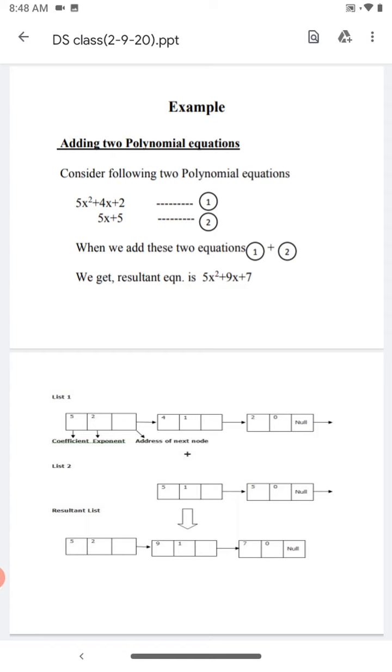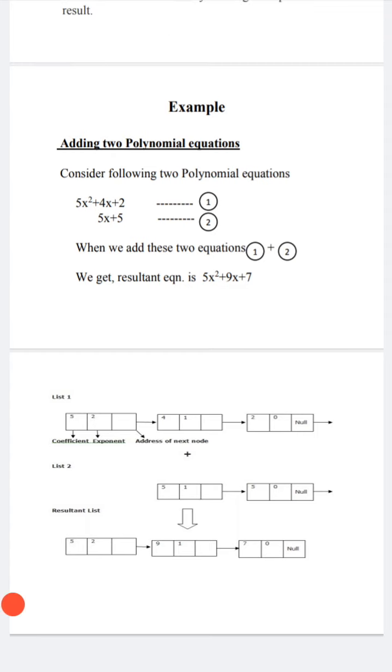The exponent is the same, so we can add 4x plus 5x, which is 9x. Then the last terms, 2 times x power 0 and 5 times x power 0, so 2 plus 5 is 7. So when we add these two polynomial equations, the resultant equation is 5x squared plus 9x plus 7.